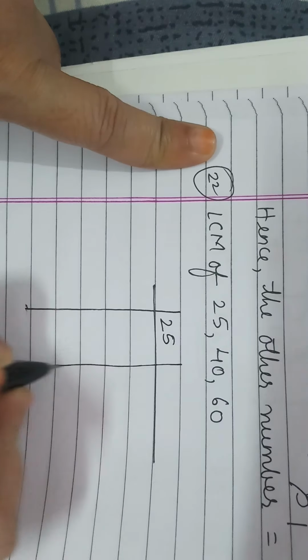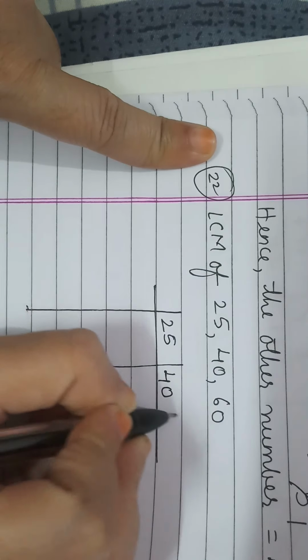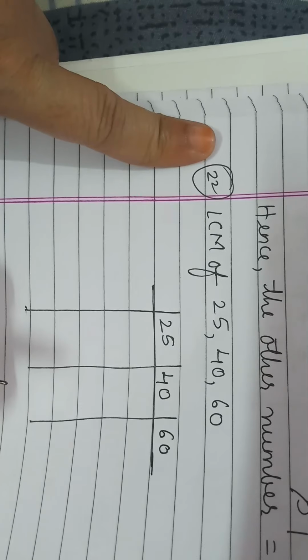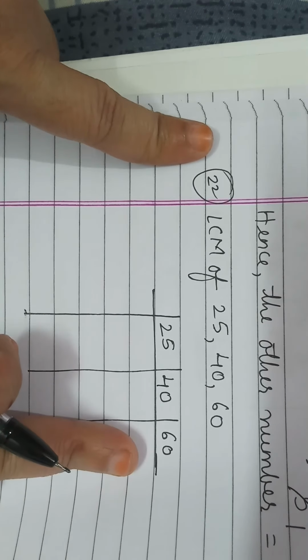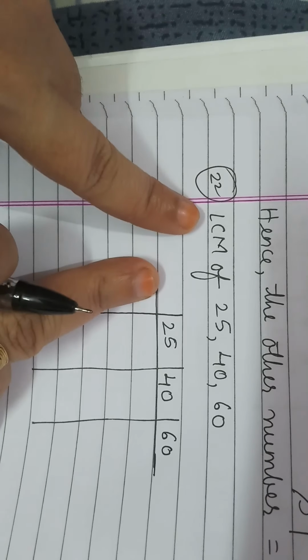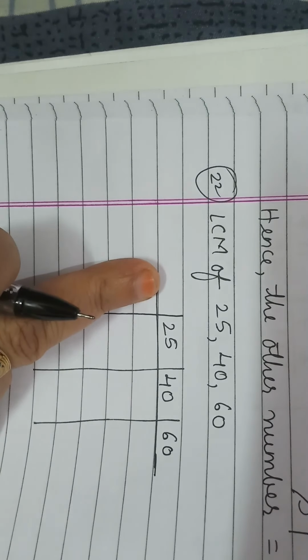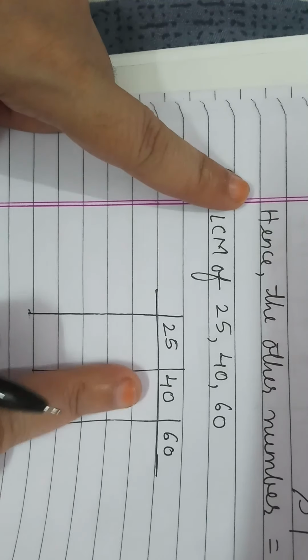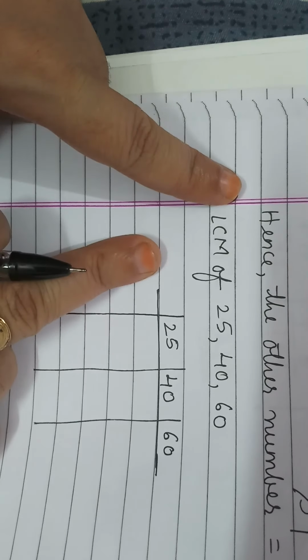25, 40 and 60. Now when you see these numbers, you will find that they all are going in table 5. Okay. So those students who want to take the table 2 for dividing 40 and 60, they can take 2 also.